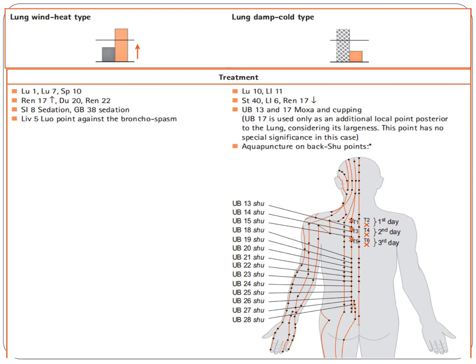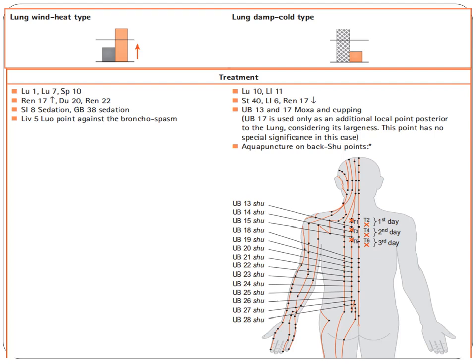For the lung damp cold type treatment: lung 10, LI 11, stomach 40, LI 6, Ren 17, sedation. Bladder 13 and 17, moxa and cupping. Bladder 17 is used only as an additional local point posterior to the lung, considering its largeness.